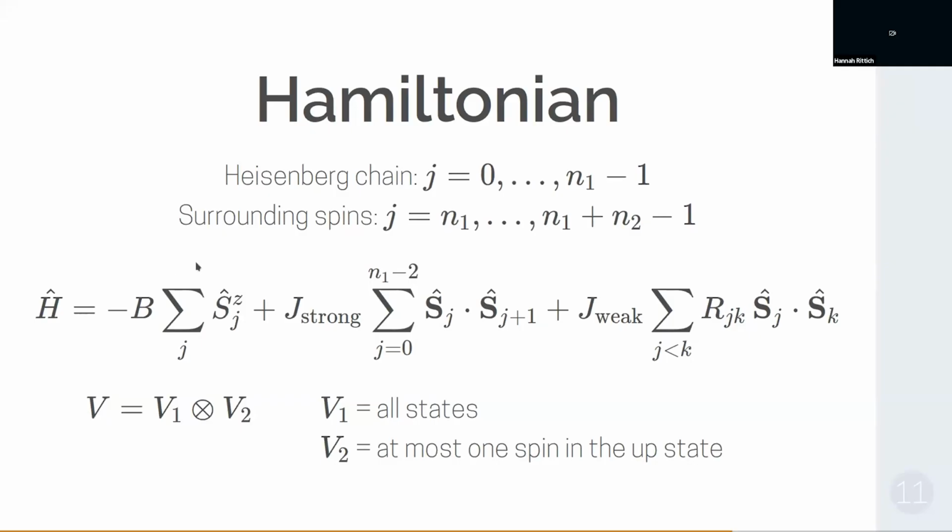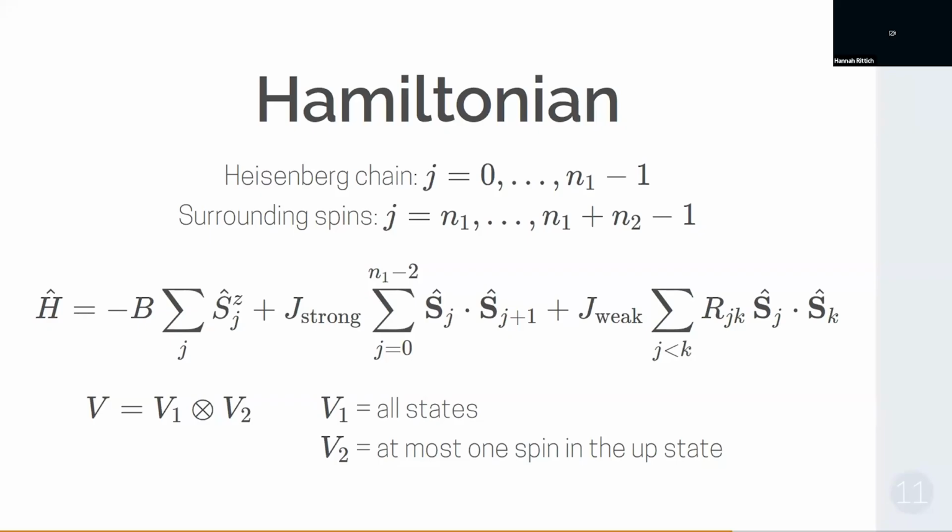So we have the magnetic field term in the front, and then there is the strong coupling of the Heisenberg chain. For neighboring spins, we sum over the scalar product of the two vector spin operators multiplied by the strength of the interaction.